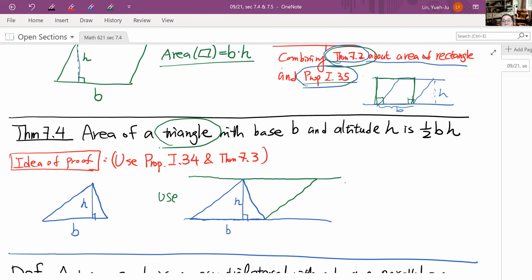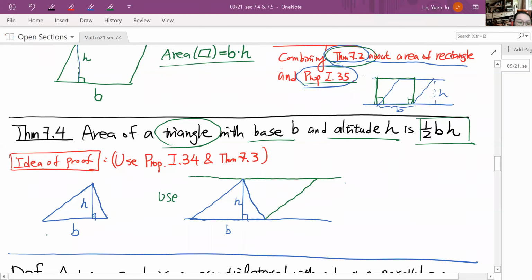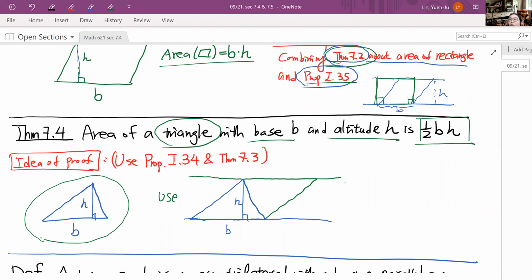So it should not be too hard to imagine that once we know the formula for a parallelogram, we can know the area of a triangle with the same base and the same height. And we can prove that the area is going to be 1/2 base times height. So let's say you have this triangle with base B and height h. How are you going to use the facts we already proved to prove this?